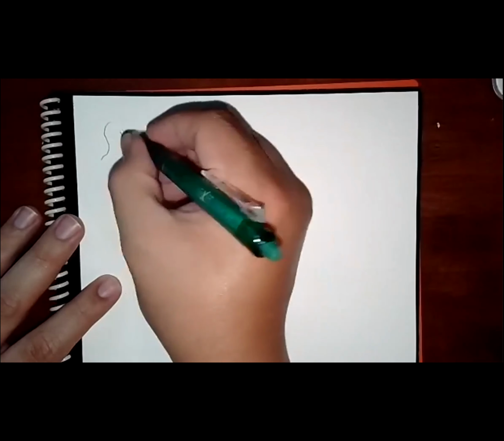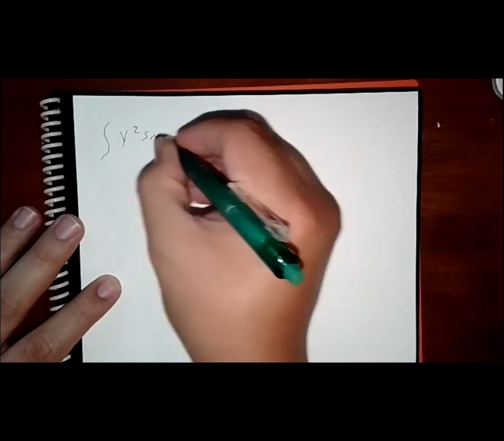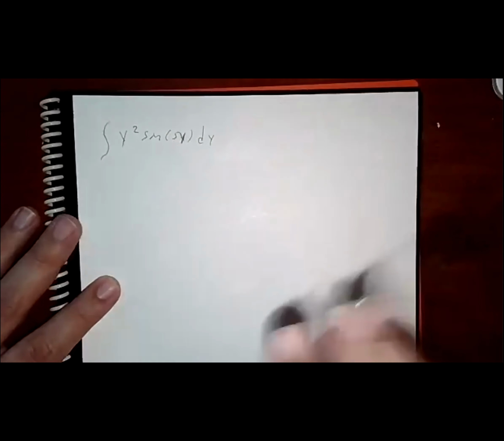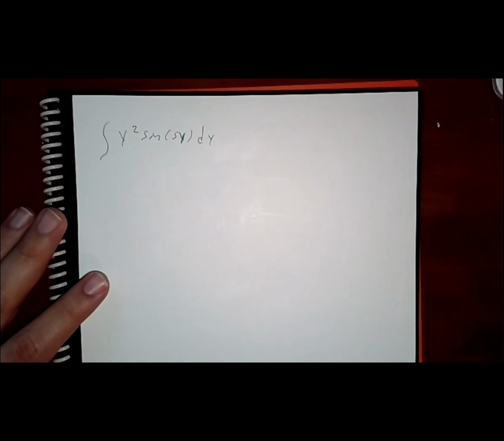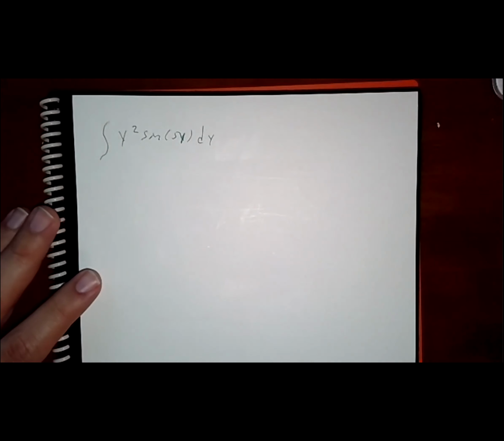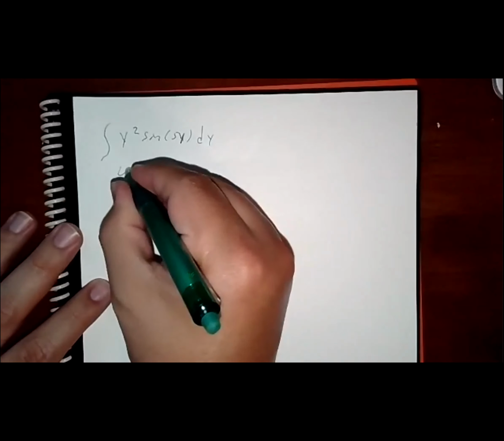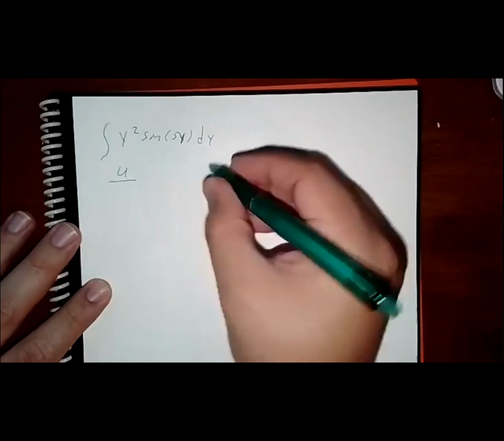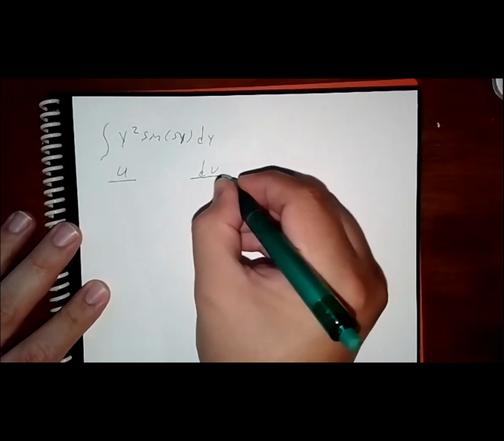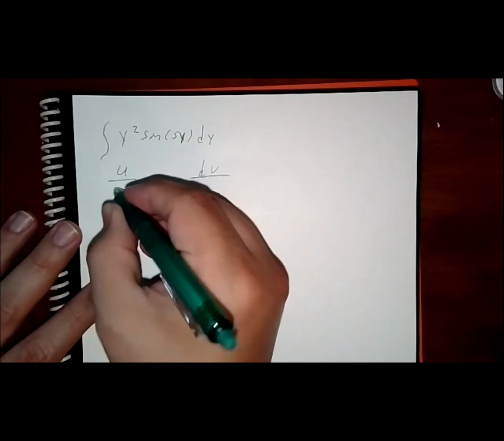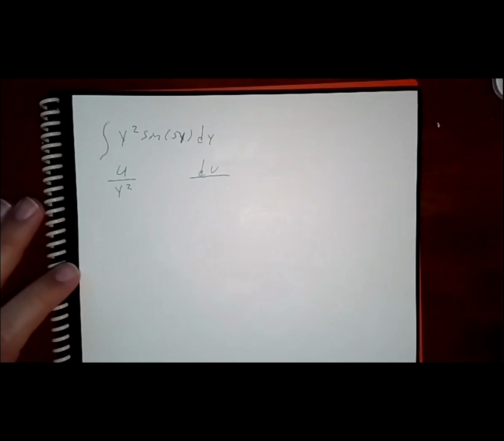Okay, so y squared sine of 5y dy. Let me pull up the tabular so I make sure I don't miss anything. 8.2, here we go. Remember I told you you take the u and then the dv over here.